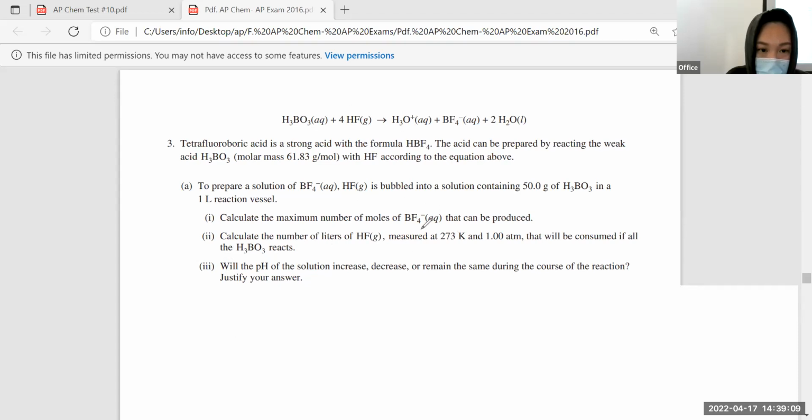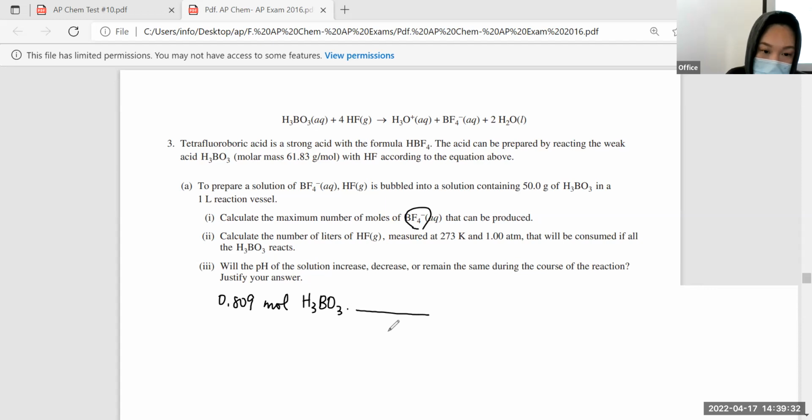I'm just going to use moles of BF4 minus because that's what I have: 0.809 moles. Well, yeah, it's the same as H3BO3, right?